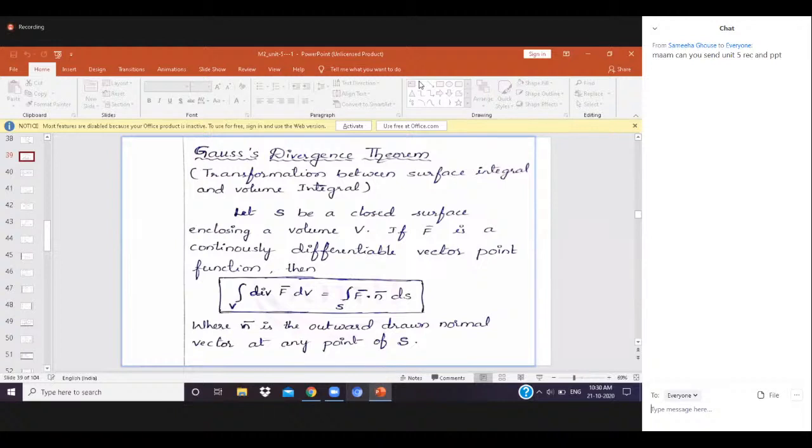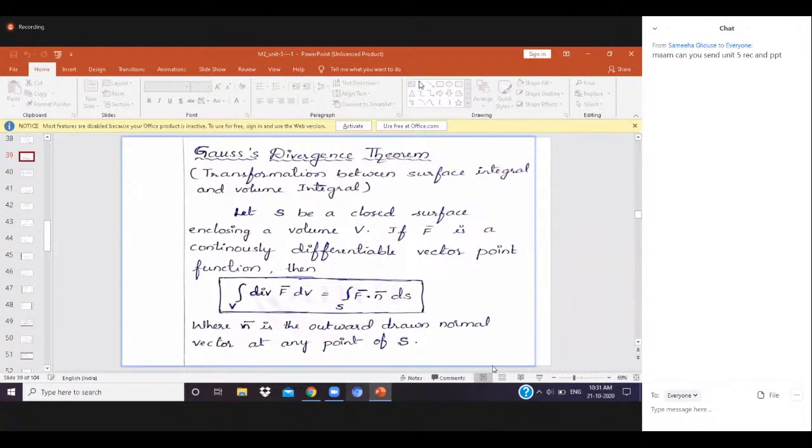First, the Gauss divergence theorem. This Gauss divergence theorem is a transformation between surface integral and volume integral. So up to now we completed what is surface integral, what is volume integral. Now the transformation is going on in this theorem.